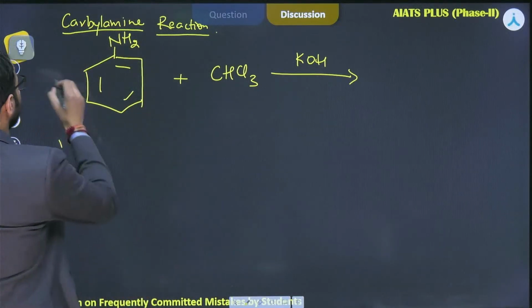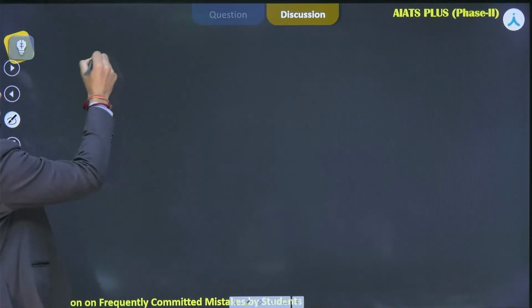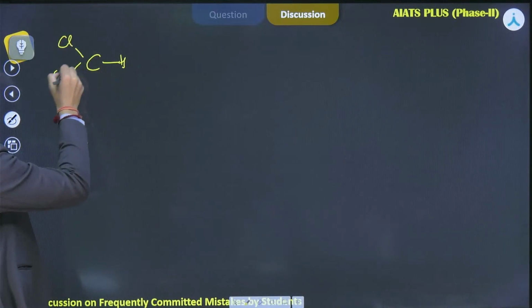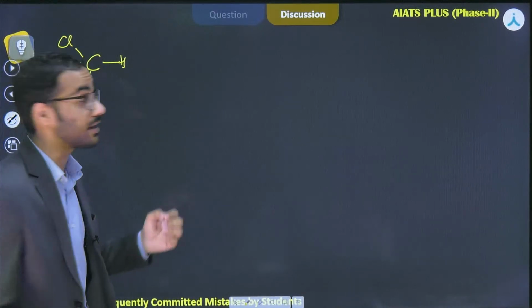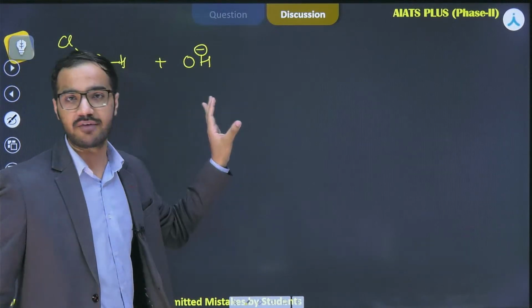In this reaction the substrate is chloroform, CHCl3, and we are reacting it with a base, let us take it in ionic form, OH minus.